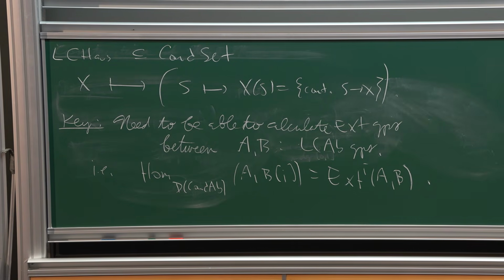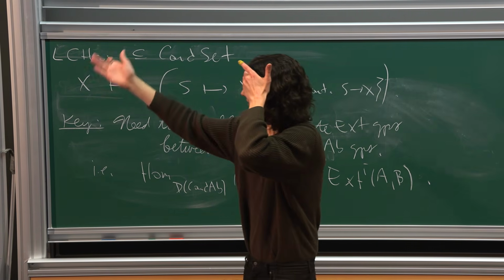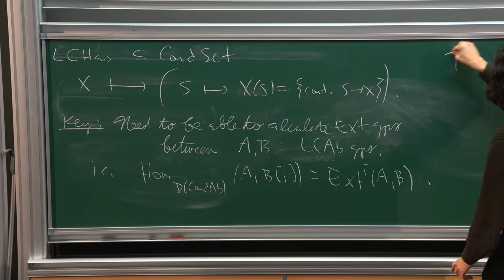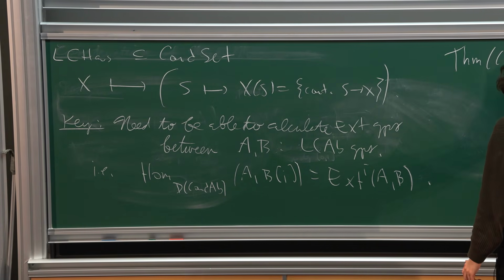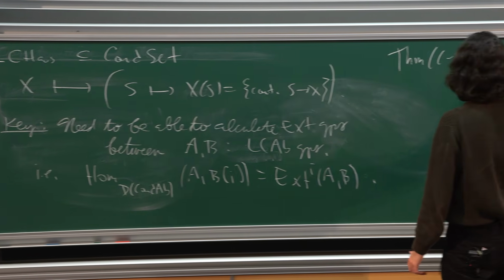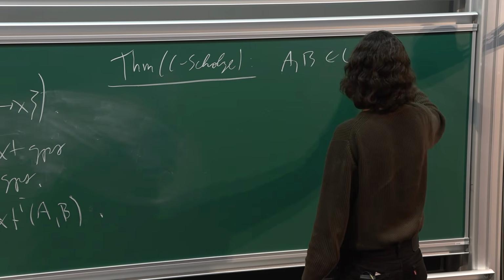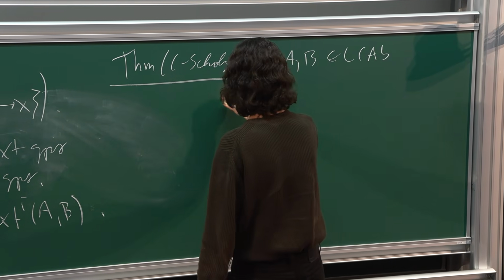And in fact, we're going to use this a lot, but this was actually my design criterion when I was trying to settle on what definition to make. Let me say the theorem that we proved. So for A, B in locally compact abelian groups, there's some obvious things.